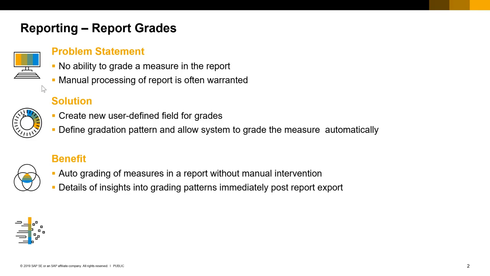In order to solve this problem, SAP Ariba offers a reporting grade functionality. In this, you will be able to define the gradation pattern and allow the system to grade based upon the pattern which you have chosen. There are two patterns available for grading.